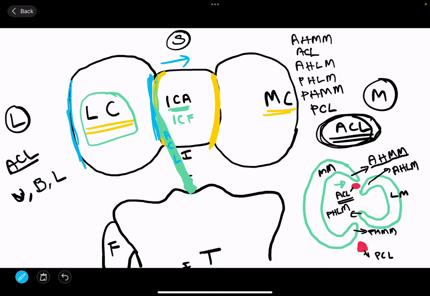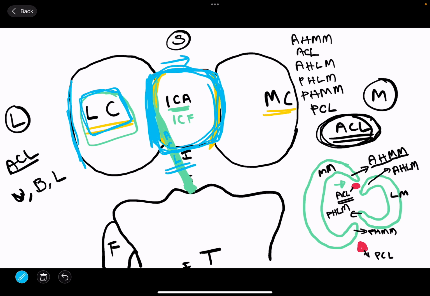When you talk in terms of femoral condyles, the anterior cruciate ligament is attached to the medial wall of the lateral condyle. When you talk in terms of the intercondylar fossa, it is attached to the lateral wall, that is, the posterior superior part of the lateral wall of the intercondylar area.